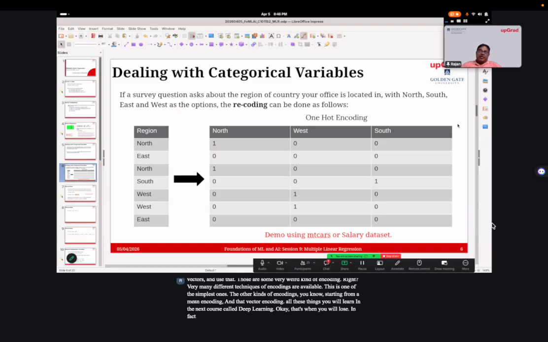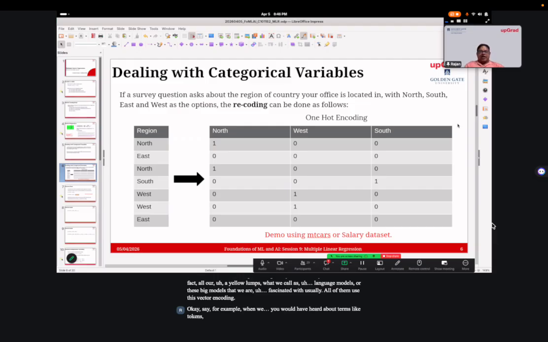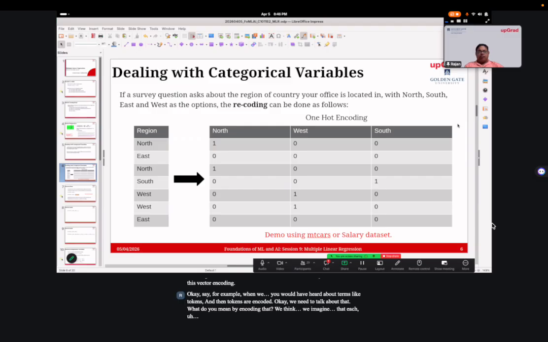In fact, all our LLMs, what we call language models, or these big models that we are fascinated with, usually all of them use this vector encoding. Say for example, you would have heard about terms like tokens, and then tokens are encoded. When you talk about that, what do you mean by encoding that? We imagine that each word or each token is represented by a vector in a 100-dimensional space.